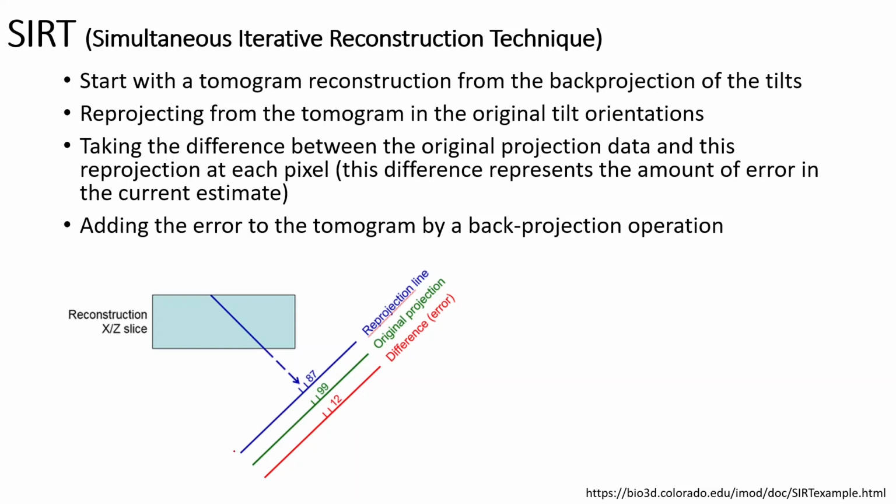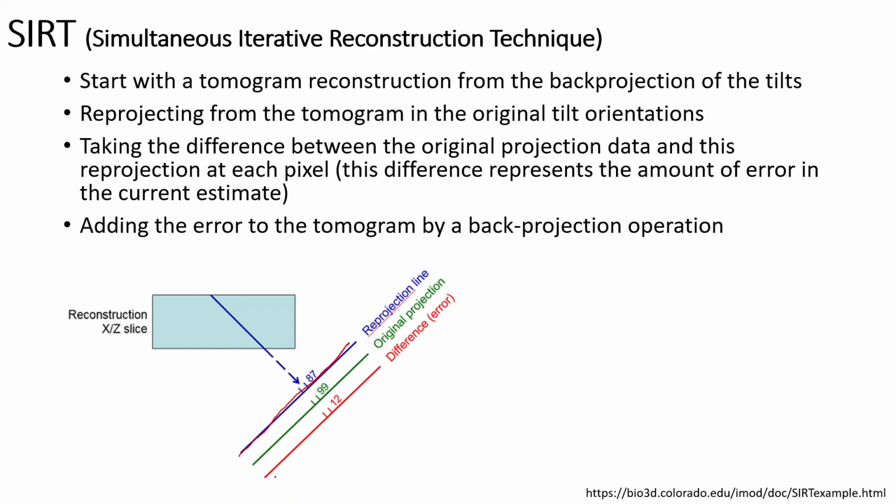Because the reconstruction of the tomogram is the sum of the projections from all the tilt series, the image that we projected in a certain direction will differ from the original image, because the reconstruction is not only from the original image, but from all of them. That means this difference is the error between the reconstruction and the original tilt.